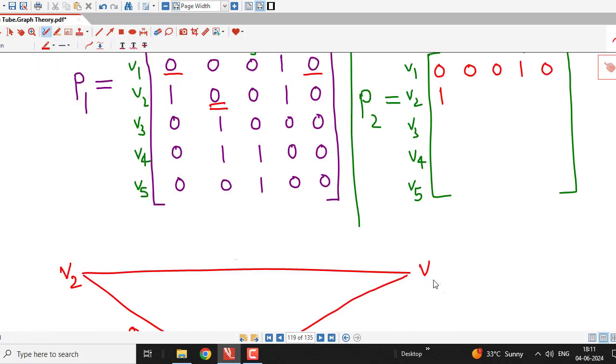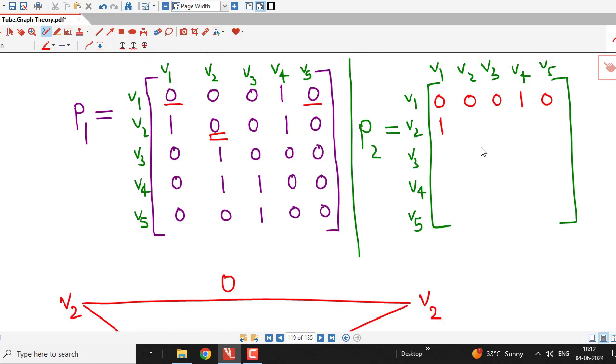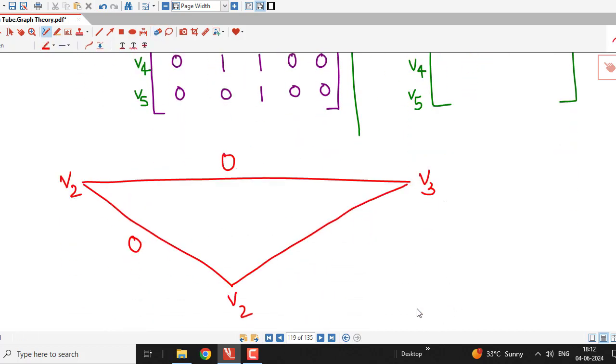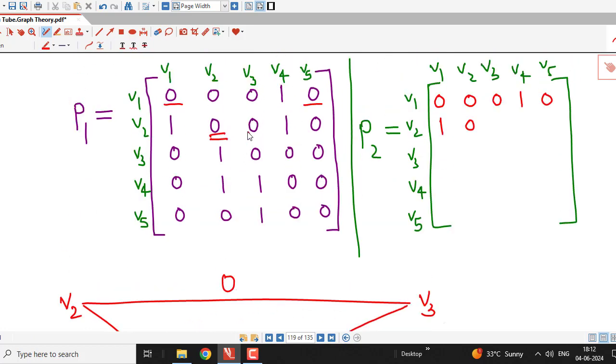Now I check for V2 to V2. From V2 to V2 I have 0, and because this entry is 0, I am writing it as 0. Now I check for V2 to V3. So for V2 to V3 we have 0 here, and this is also 0.